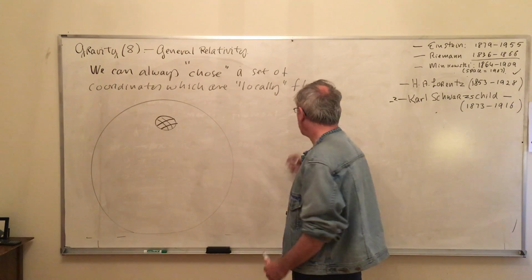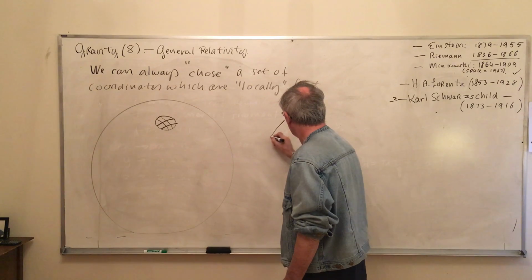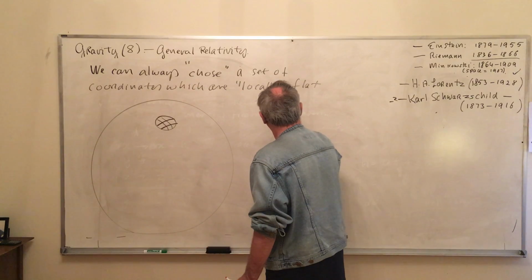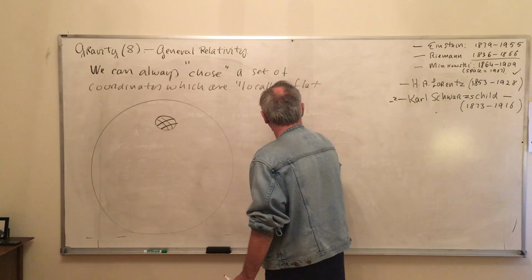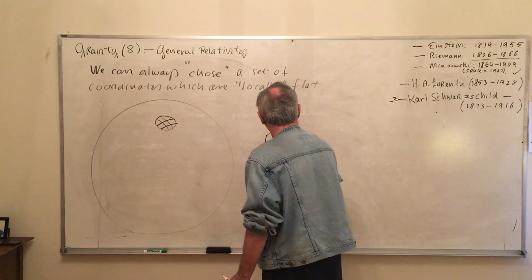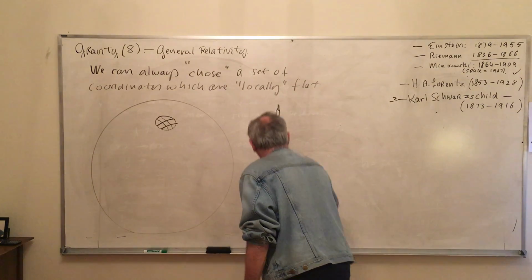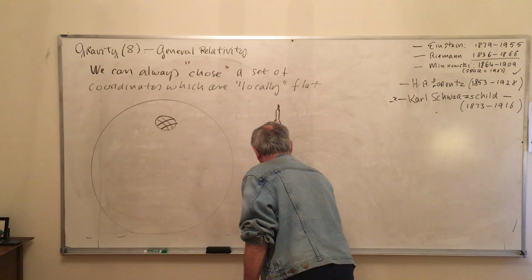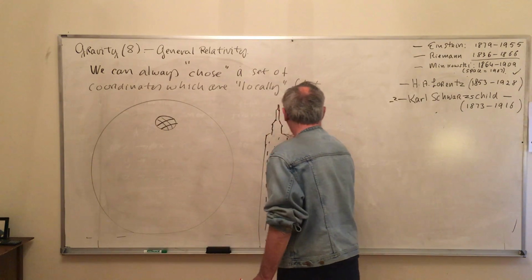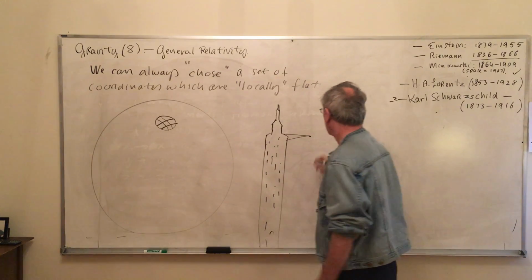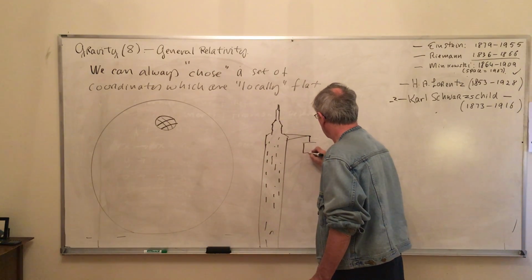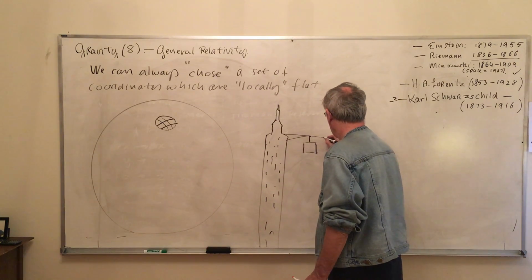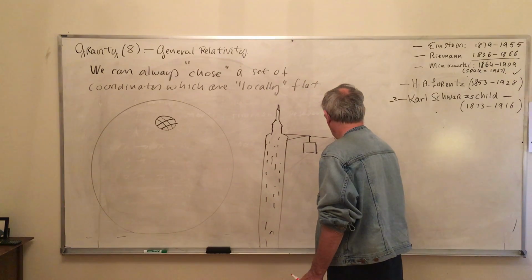It's absolutely dead easy. Here's the Empire State Building. The Empire State Building has a crane, and there's an elevator. And there's another crane, another one.